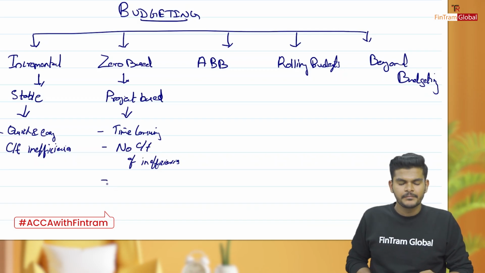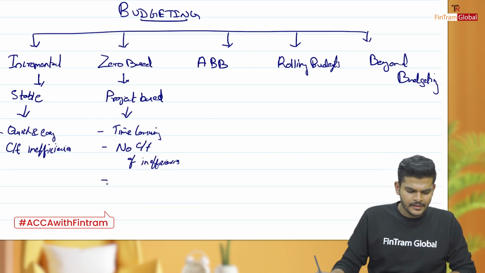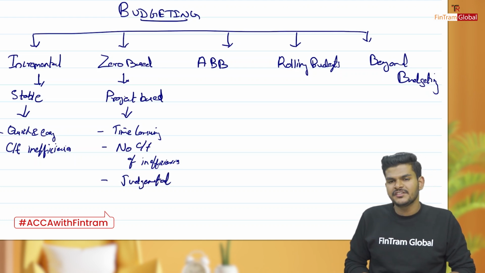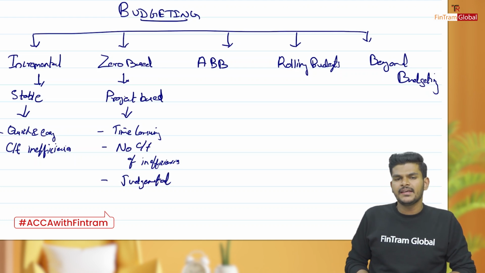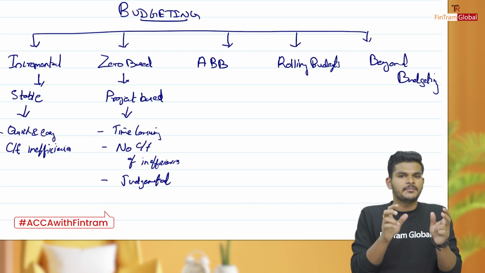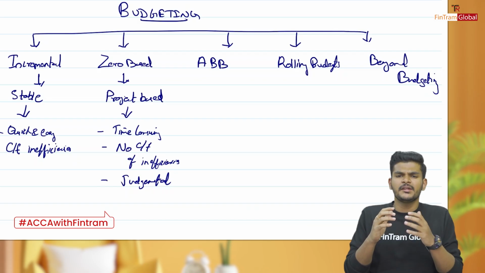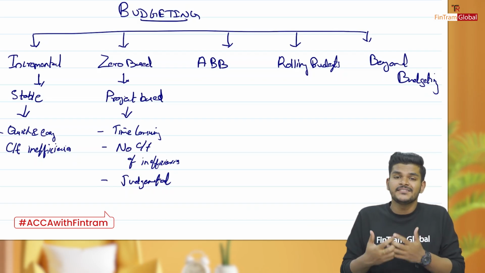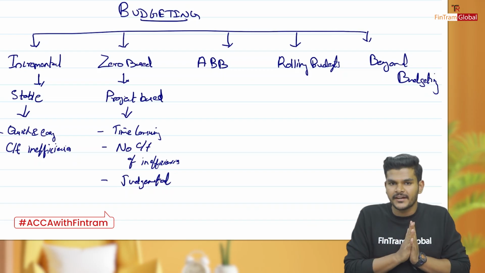All right. And what else? It would be judgmental, right? Why is that? Because, see guys, when it comes to zero-based budgeting, if you have to add anything to the budget, then it will be scrutinized by the management. Okay, folks, they will have to first of all assess whether there is a need to add that particular item to the budget.